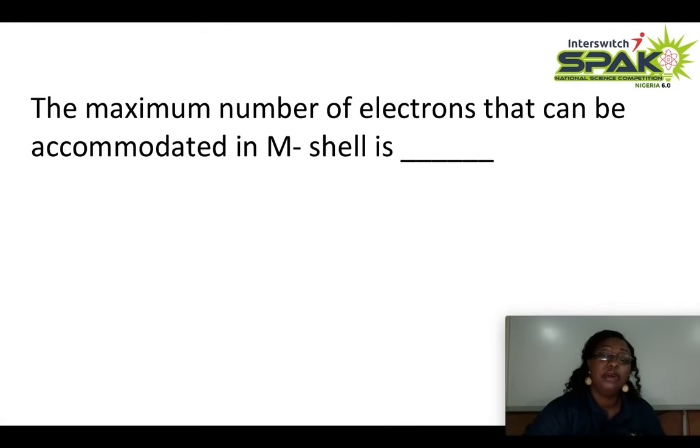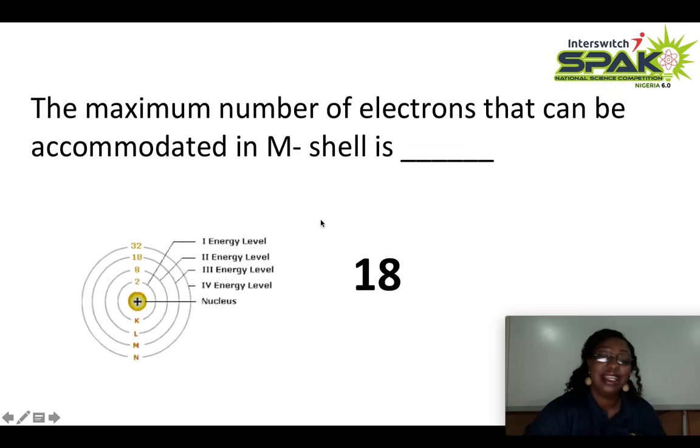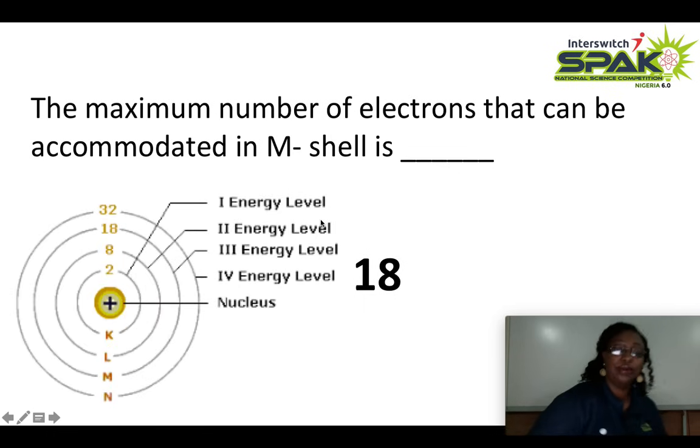The maximum number of electrons that can be accommodated in the M shell is 18. That's the answer, 18. Now let's quickly look at it. This is the nucleus. Then the first shell, which is the K shell, can take 2.